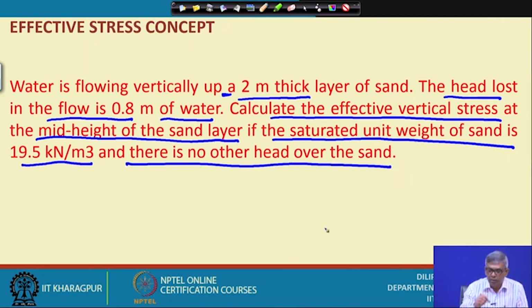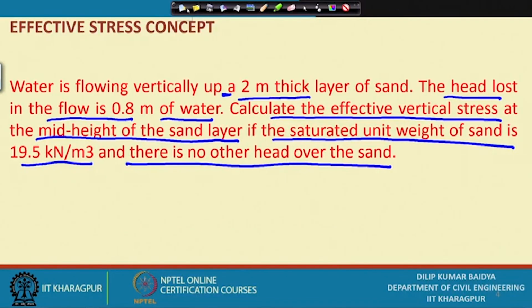So, this is the problem. At the mid height of the layer we can calculate the effective stress under the normal no flow condition, and because of this flow condition with that much head, the additional effective stress that comes has to be subtracted. Then I will get the actual effective stress acting. Okay.